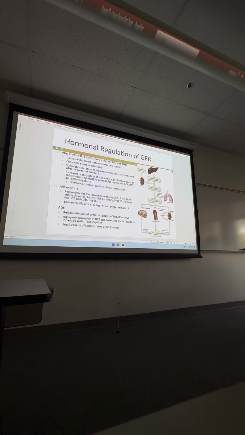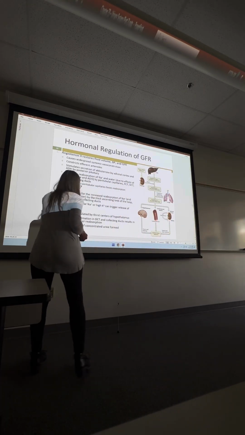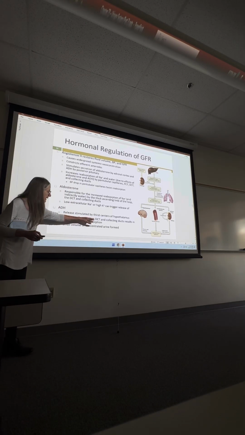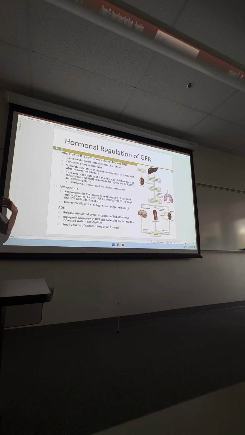Remember, water can readily diffuse, but it takes a little longer, so it's best to have pores, aquaporins, that can pull that water through. And then those principal cells respond to ADH by creating more aquaporins in the distal convoluted tubule and the collecting ducts, and we retrieve even more water that way. So we don't pee as much. Antidiuretic hormone.